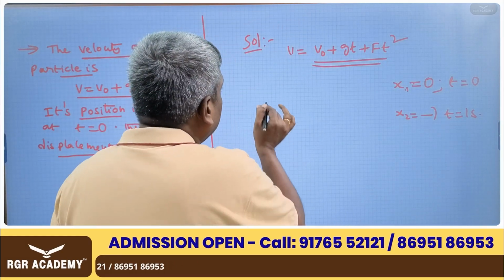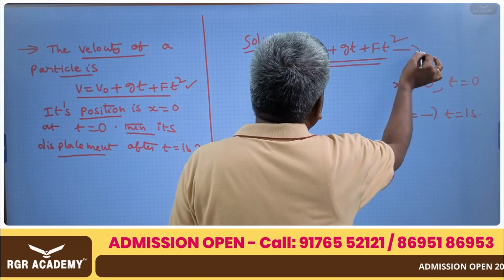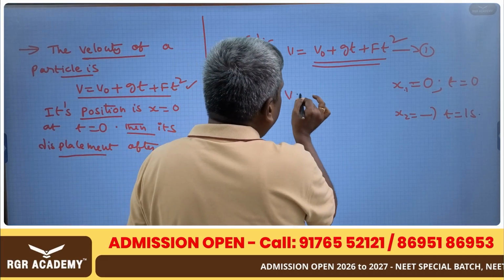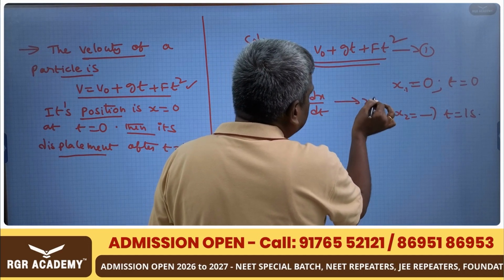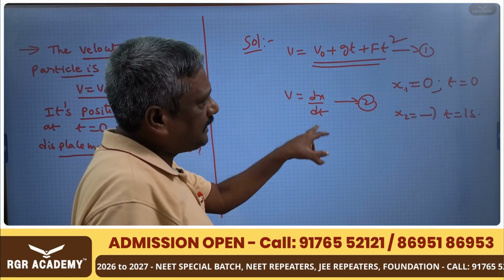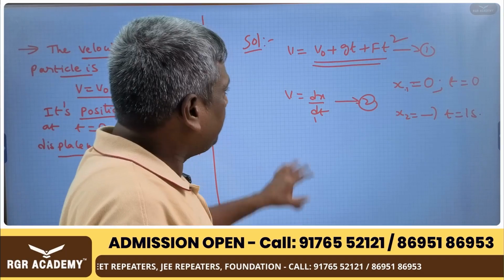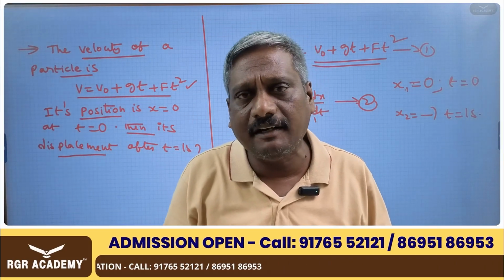Now, velocity is given like this. Let us take this as first. But velocity is what? The rate of displacement. The rate of displacement is called velocity. Now if you observe this 1 and 2, both left hand sides are equal.